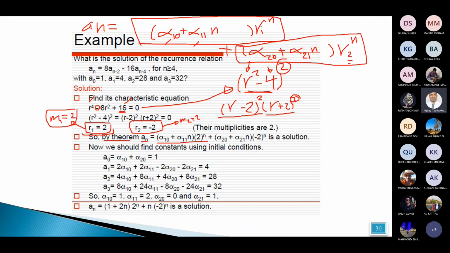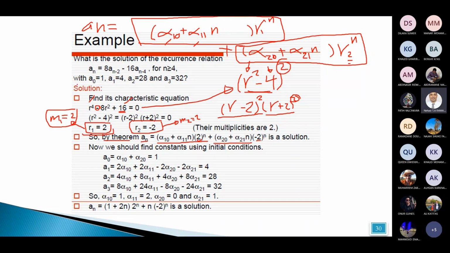So at the end, by the theorem, an, the solution for the recurrence relation, equals the first solution, where r1 is 2, so 2 power n, plus the second solution, where instead of r2 we put its value, minus 2, to power n.